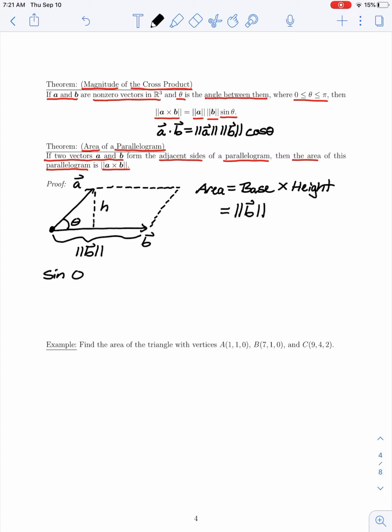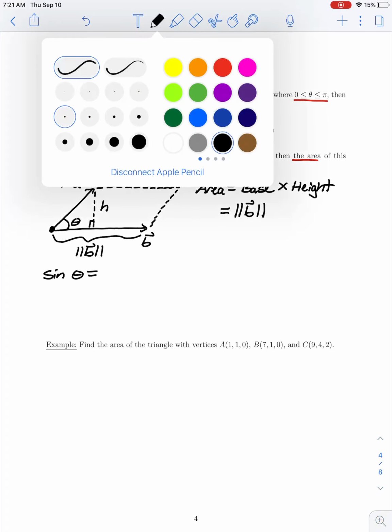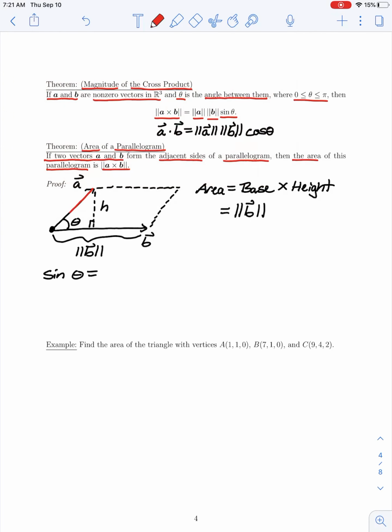If we evaluate sine of this angle theta, well, sine is defined in terms of the sides of a triangle. So here I'm looking at the triangle formed here, which is a right triangle.